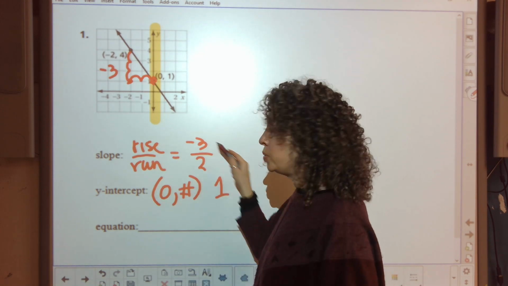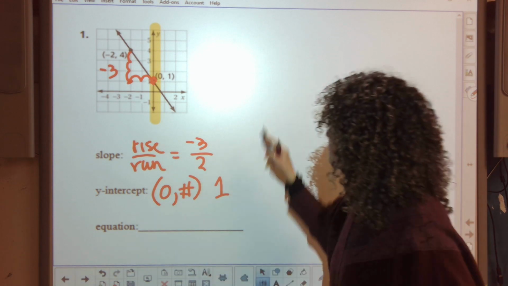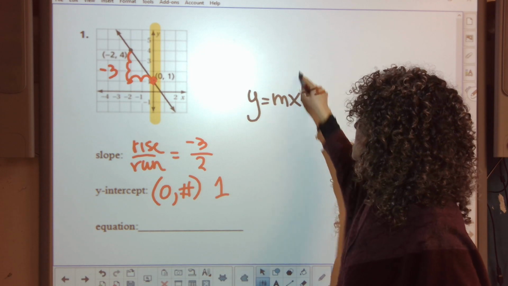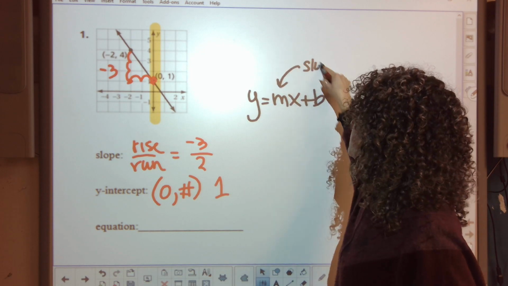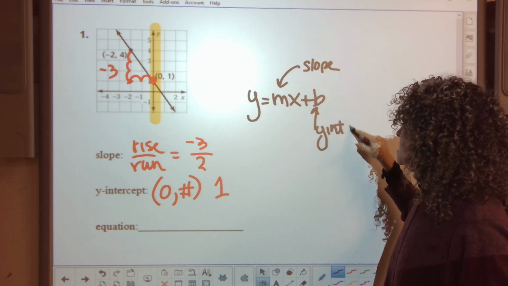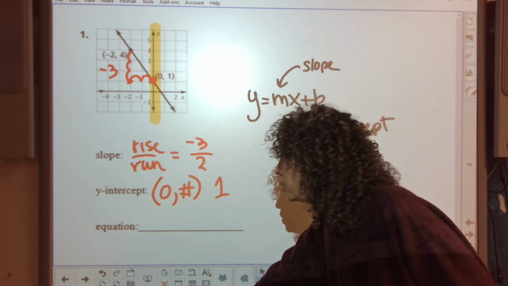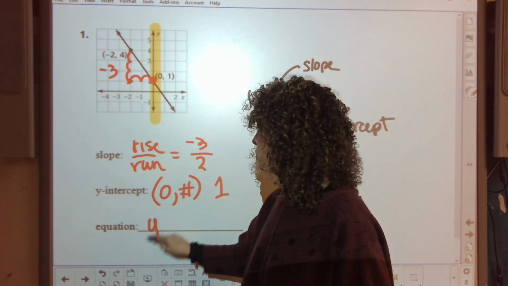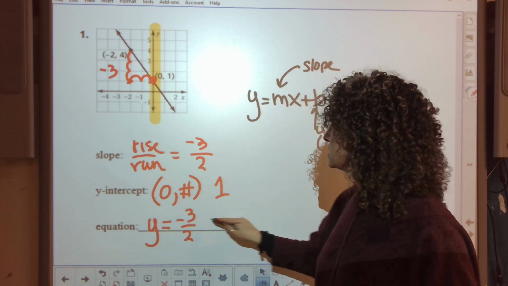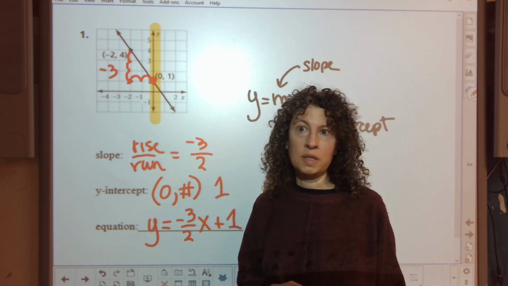And so I need these two pieces of information to write an equation in slope-intercept form. Remember, my slope-intercept form looks like y equals mx plus b. Here is my slope. Here is my y-intercept. So as I put together my equation, I'm going to come up with the equation y equals, I'm going to have my slope in there, x, I'm going to leave the x there, plus, and then I'm going to put my y-intercept at the end.